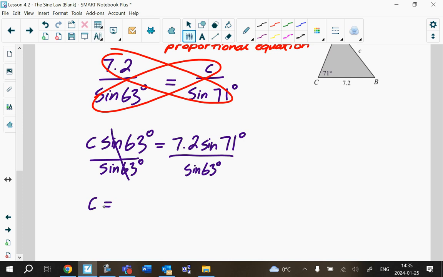I do this times this, then equals, and then I divide this, and then equals again. You should get 7.6.